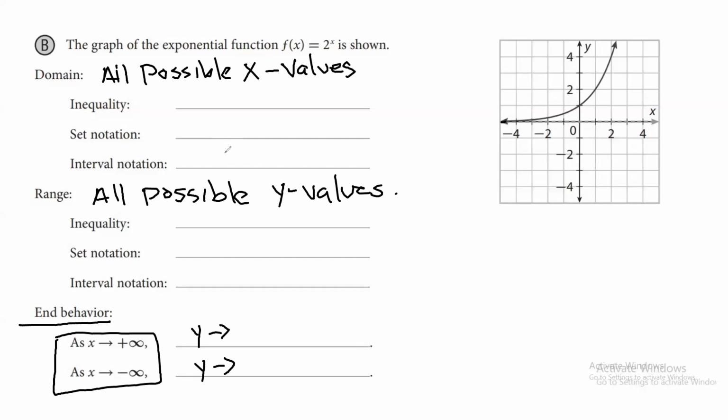To positive infinity, right? Because there's no restrictions. It goes on forever that way, and it goes on forever that way. So in terms of your possible x values, I'm just going to put interval notation. It's going to be negative infinity to positive infinity. And remember, with negative and positive infinity, it's always going to be parentheses. Okay.